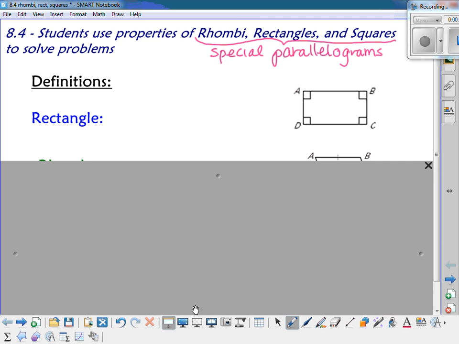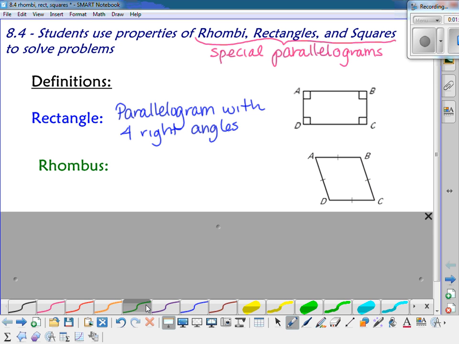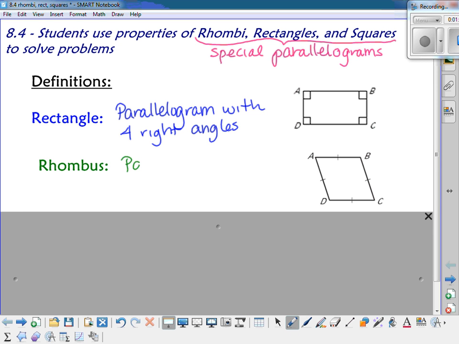A rectangle is a parallelogram with 4 right angles. A rhombus is a parallelogram with 4 congruent sides.